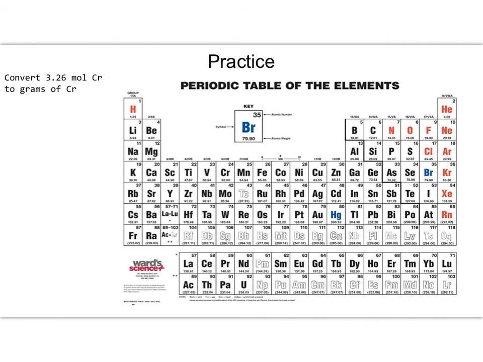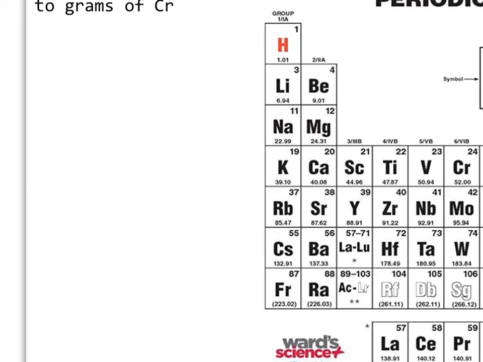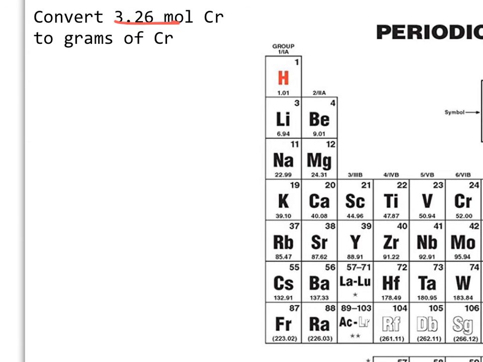Let's take a look at another one. Okay, so again, just looking at elements just to kind of get the process down without having to add the extra step of calculating molar mass. So 3.26 moles of chromium. So again, we're starting with moles, and we're going to grams. So we're going to multiply 3.26 moles of chromium.